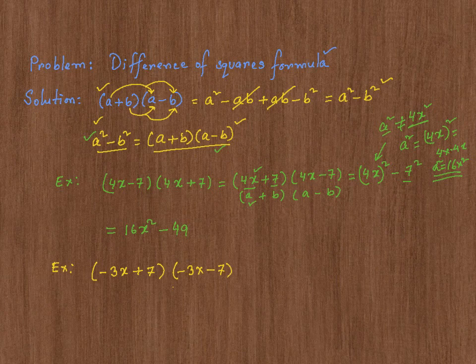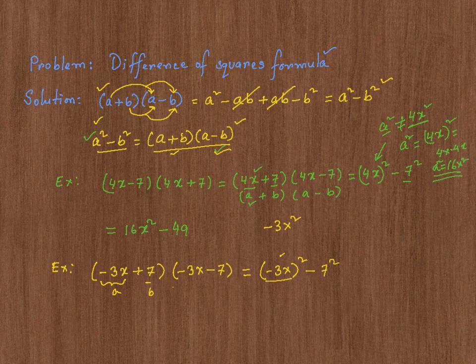Here my a is just negative 3x, and my b is just 7. So it's going to be like a plus b times a minus b. So I'm going to write it as negative 3x whole square. Please do not put negative 3x square, that's a mistake. What you mean is negative 3x whole square, minus 7 square.